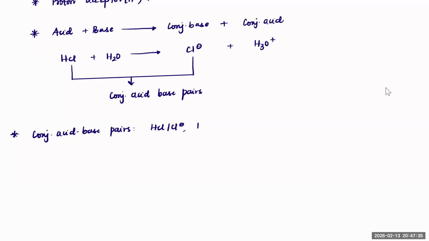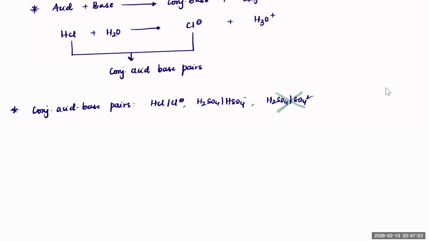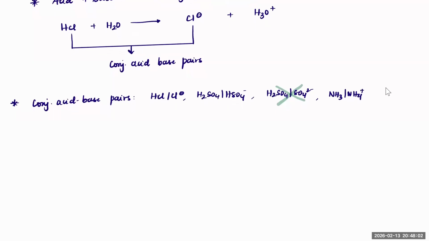If I take H2SO4 and HSO4 minus, yes, this is the one as well. But if I take H2SO4 and SO4 2 minus, then I would not call this as a conjugate acid base pair. Conjugate acid base pair should be immediate H plus releasing or immediate H plus accepting. So if you have ammonia and NH4 plus, yes, this is conjugate acid base pair.